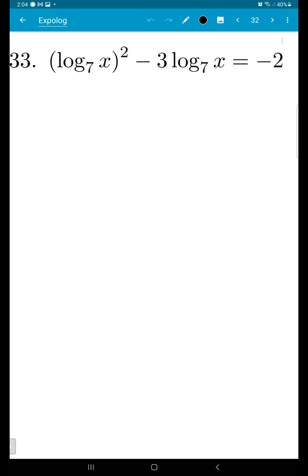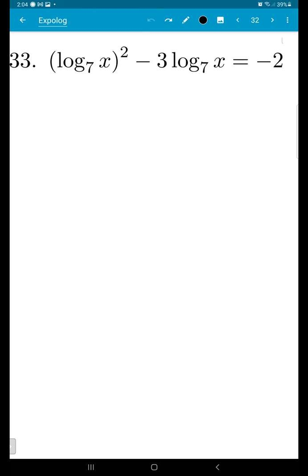So the equation is logarithmic again. Let's read the problem first. Logarithm of x base 7, quantity squared, minus 3 log x base 7 equals negative 2. Now, does that form look familiar to you? What form is this? If we use a transformation, it is quadratic.